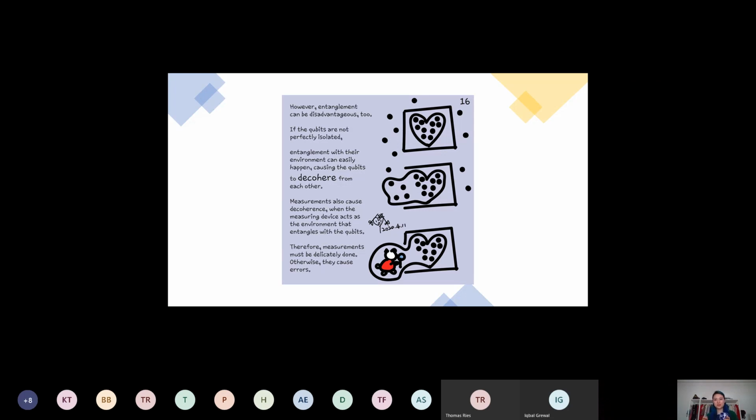So when you do a measurement, you're introducing a measurement probe, that at an atomic scale is also quantum mechanical. So that measurement could also introduce an entanglement and break your original qubit system's entanglement. And this messing up is called decoherence. So we have to make sure that when we do measurements, we are accounting for all of the things that could happen and do it very carefully.